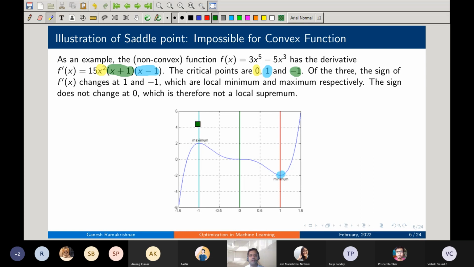This is the point minus 1. When you say the sign of f'(x) changes, basically you're saying that in one case it's curved upwards, f' is increasing, it's convex. In the other case f' is decreasing, it is concave. f' is decreasing in this case, whereas in this case f' is increasing.